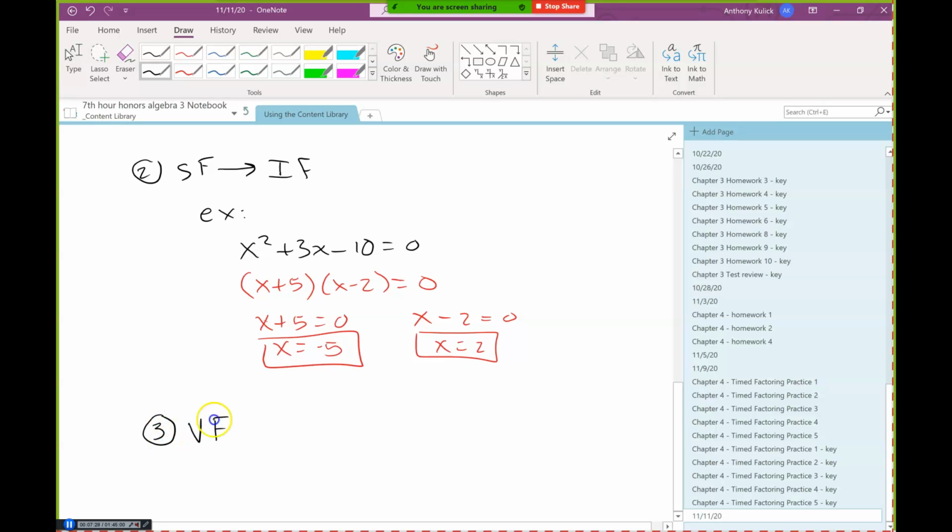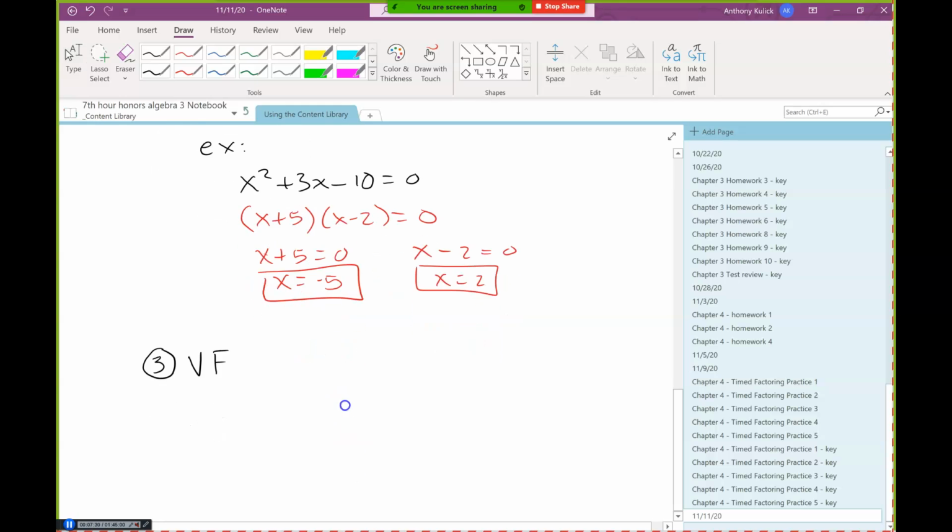If we have a vertex form problem, we're just going to use the reverse order of operations.